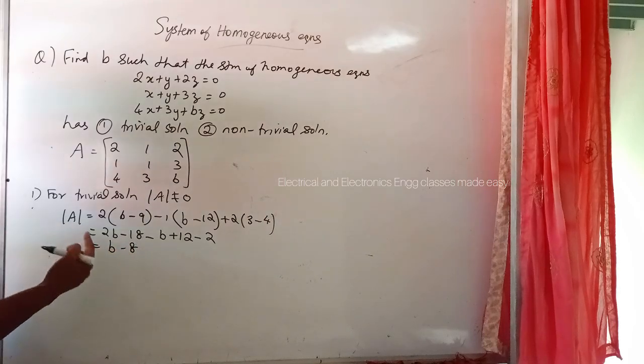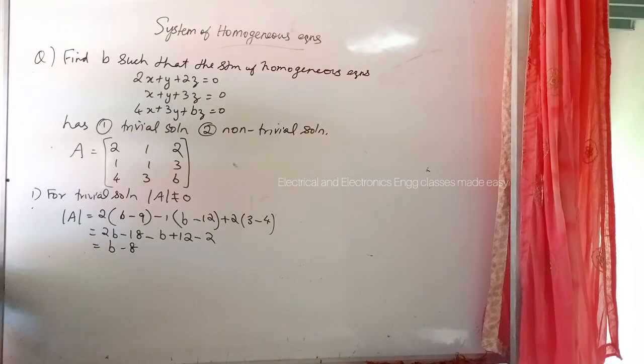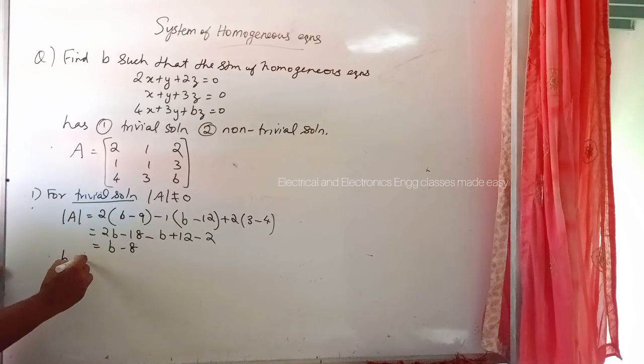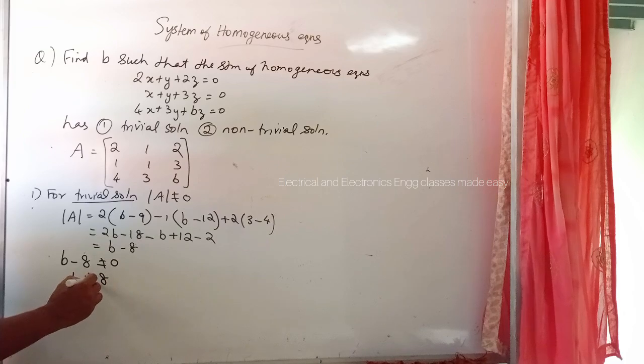So the determinant of A is b − 8. For the trivial solution, b − 8 is not equal to 0, that means b is not equal to 8.